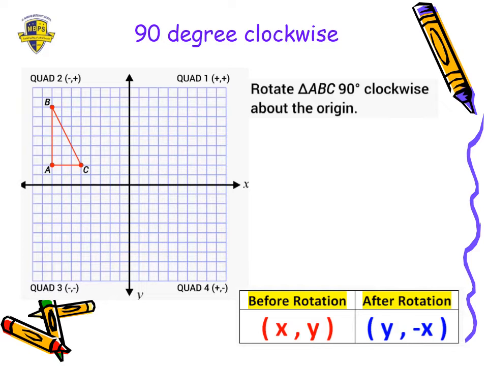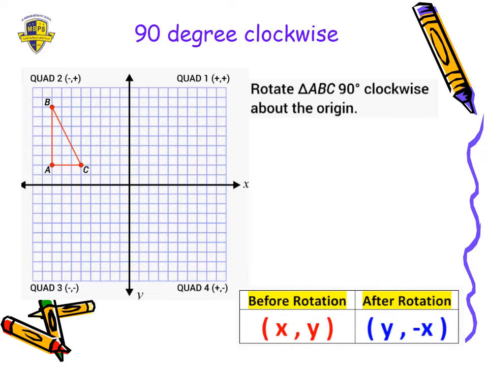So now we know all the information we need to do the rotation. We know the direction, it is clockwise, the degree, it's 90 degrees, and the fixed point, it's the origin. So we will use the rule we just learned now. x, y will be y, minus x.